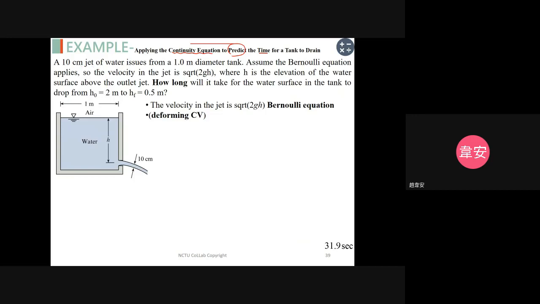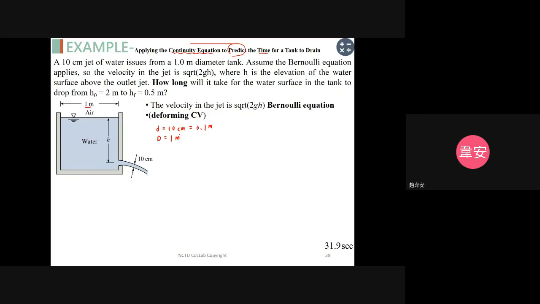The question tells us the jet of the water in here. The diameter is 10 centimeters, so it's equal to 0.1 meter. And the diameter for the tank here is 1 meter.